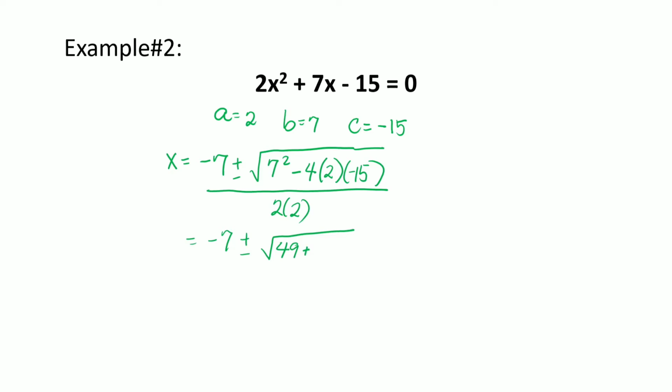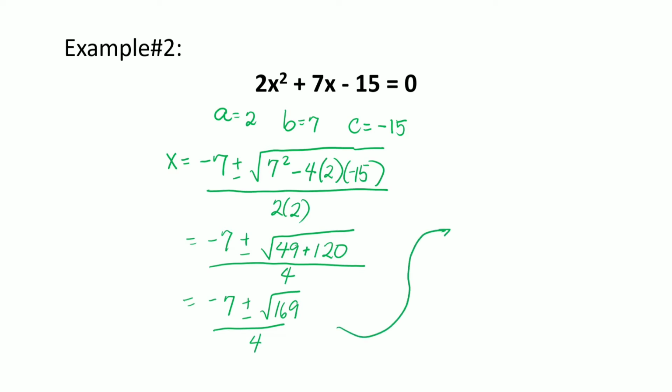So that will be 4 times 2 times 15, which is 120, over 4. So negative 7 plus minus the square root of 49 plus 120 is 169, over 4. Again, simplifying everything, negative 7 plus minus the square root of 169 is 13, over 4.